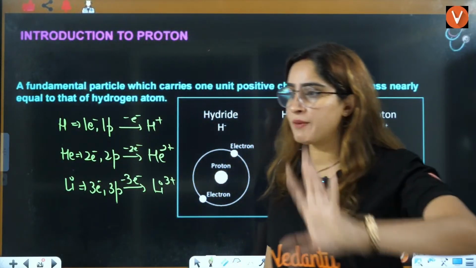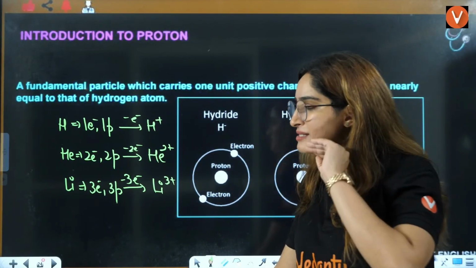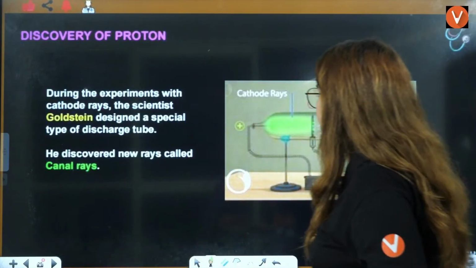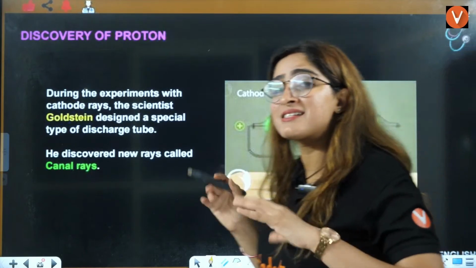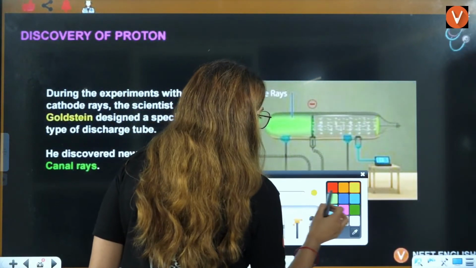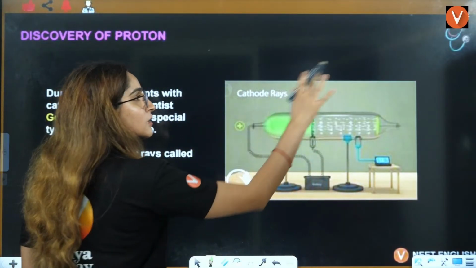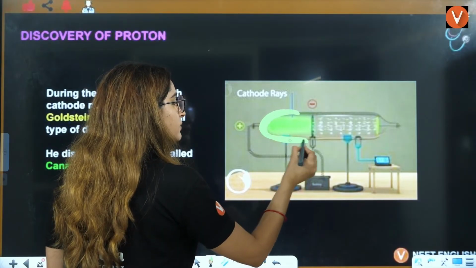Now, the experiment that he did was the same thing. The experiment was the same. It's just that now, instead of having the fluorescent screen on the anode side, he had it on the cathode side.